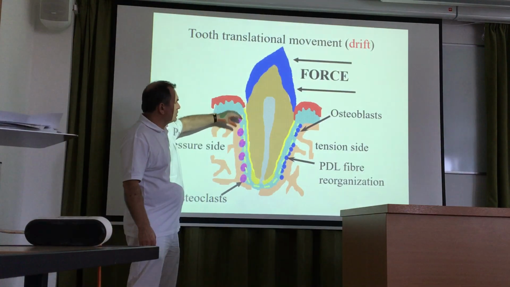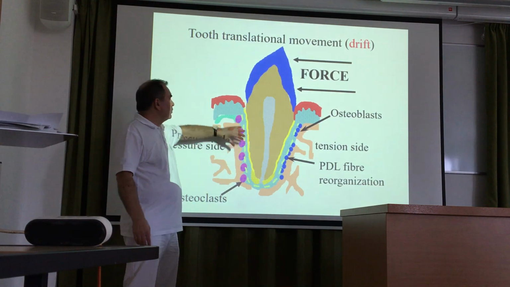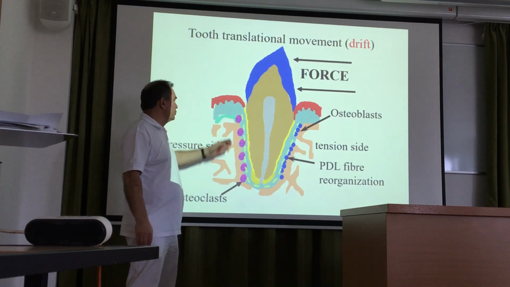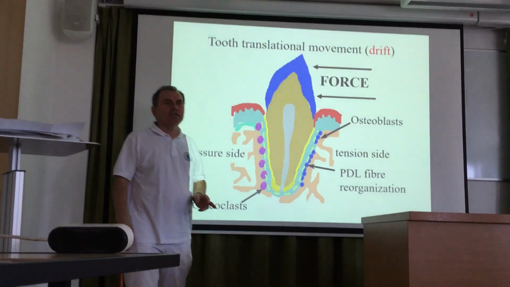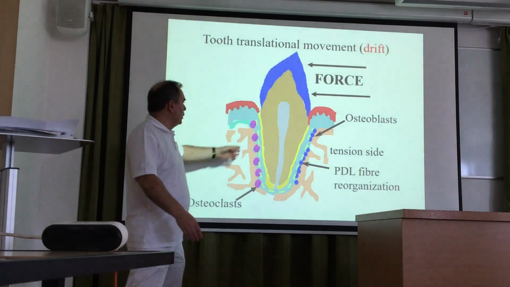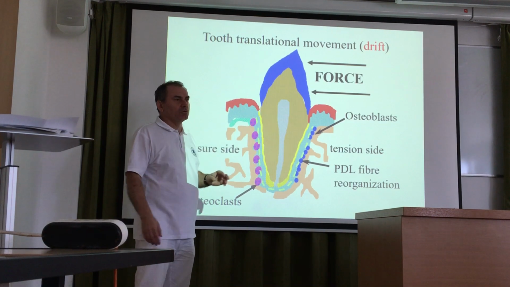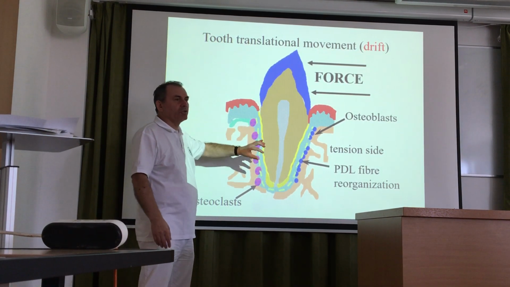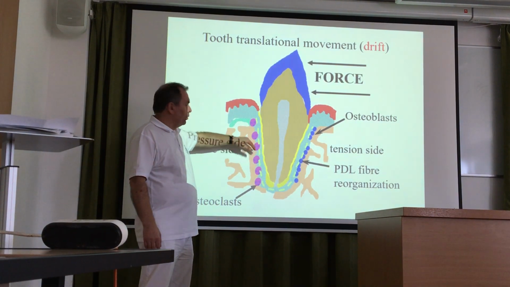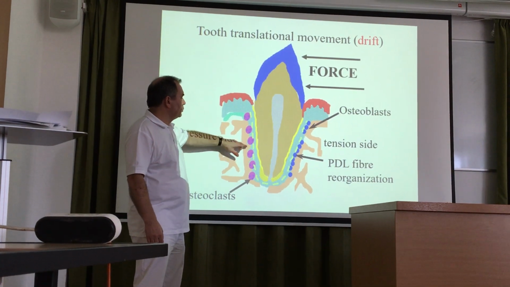So when the force is too heavy, this too heavy force absolutely blocks the blood supply, and inside the periodontium there is no blood supply, and the inner cells of the periodontium will not survive, and the osteoclasts will not act on the frontal side of the lamina dura.